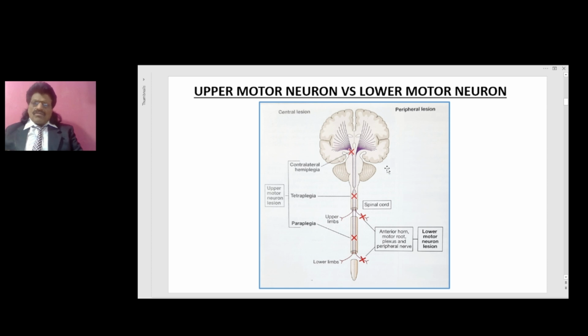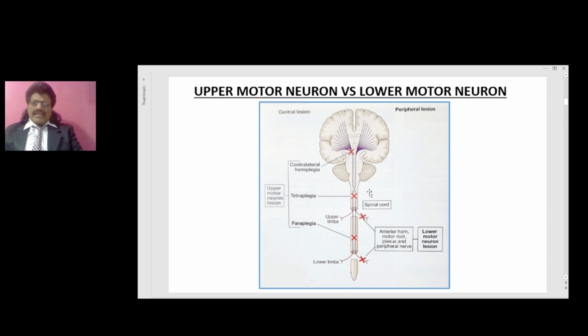So upper motor neuron has two components, corticobulbar fibers and corticospinal fibers. Likewise, lower motor neuron also has two components, the peripheral nerve and the cranial nerve.